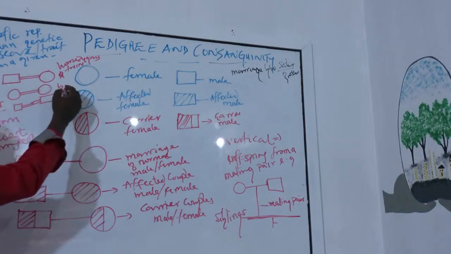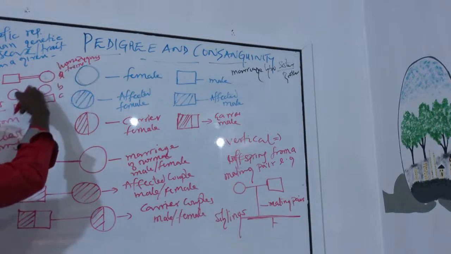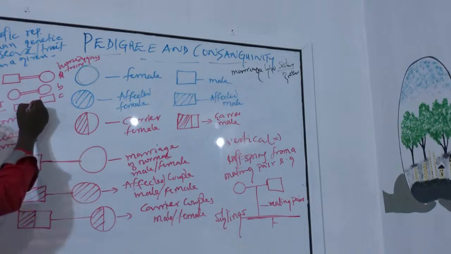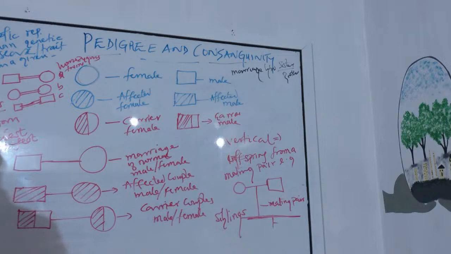The second, when you have this, is also identical twins, but both are female. Then the third case is when you have identical twins and both of them are male. So these are very, very important.